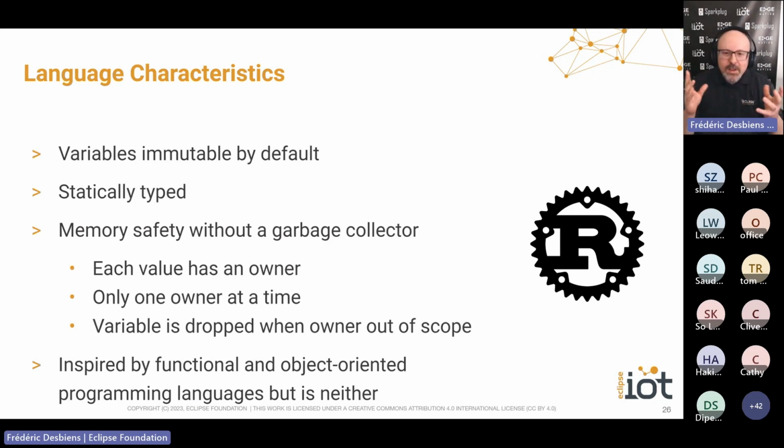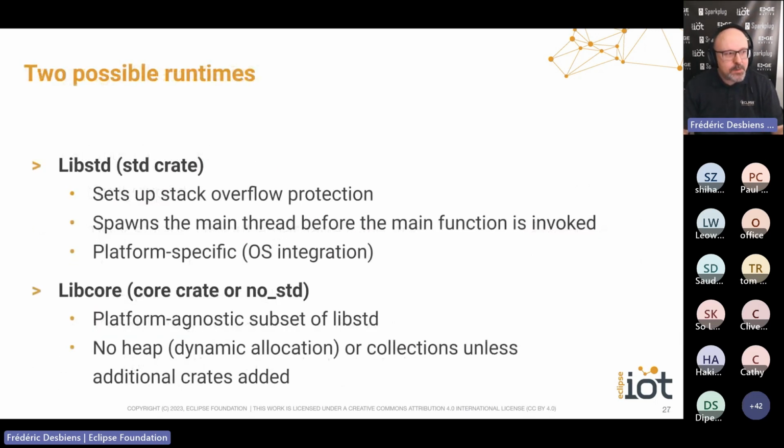And the one interesting thing about Rust as well is that it's inspired by functional and object-oriented programming, but it's neither of those things. So it's its own little thing from a language design perspective. And so, as I said, there are 2 possible runtimes for Rust.